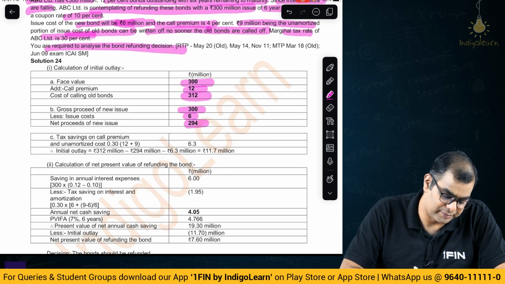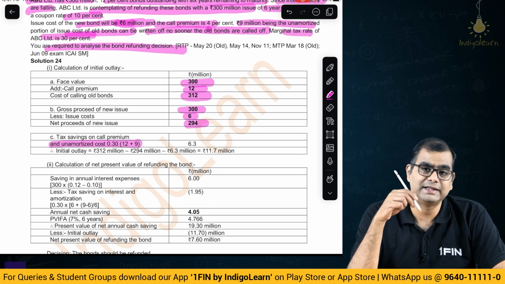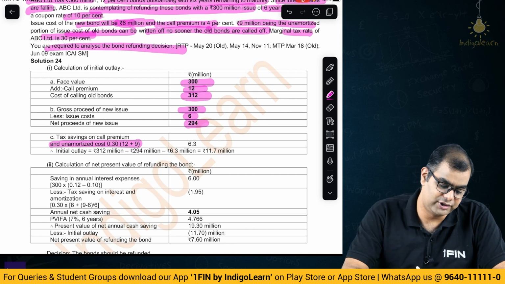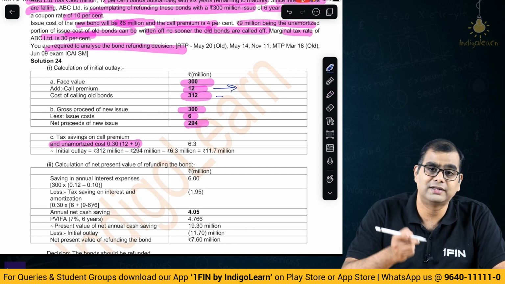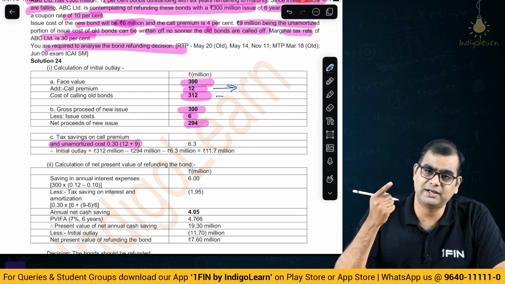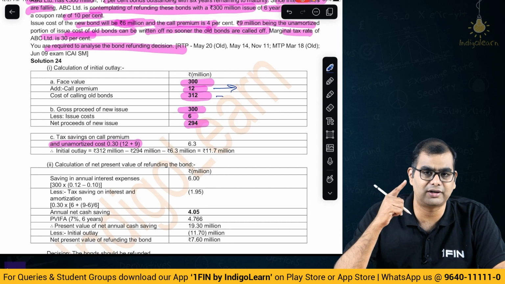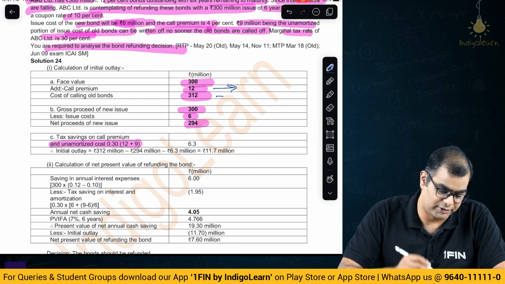Now, call premium and unamortized cost. What we assume in all these problems is that the premium on call, whatever this 12 million that you have paid, is a tax deductible expense. Same way, the issue expenses write-off is also tax deductible, but it is amortized over the period of the bond.